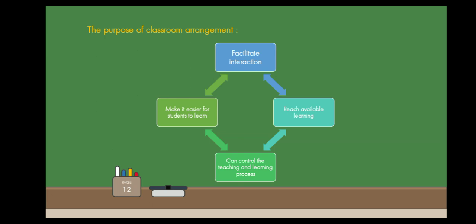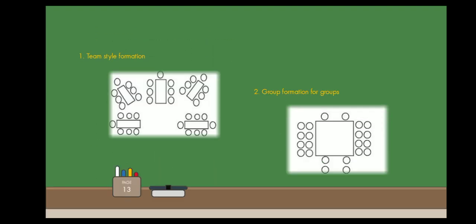There are some types of formation in the classroom. This class formation is not meant to be a permanent arrangement. Therefore, it is very supportive once the formation is moved according to the wishes and needs. Number one, this formation aims to make team interaction.